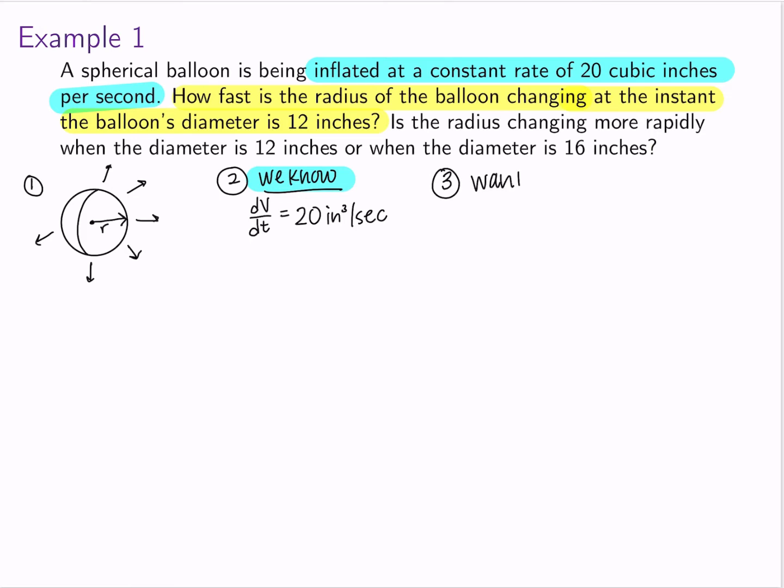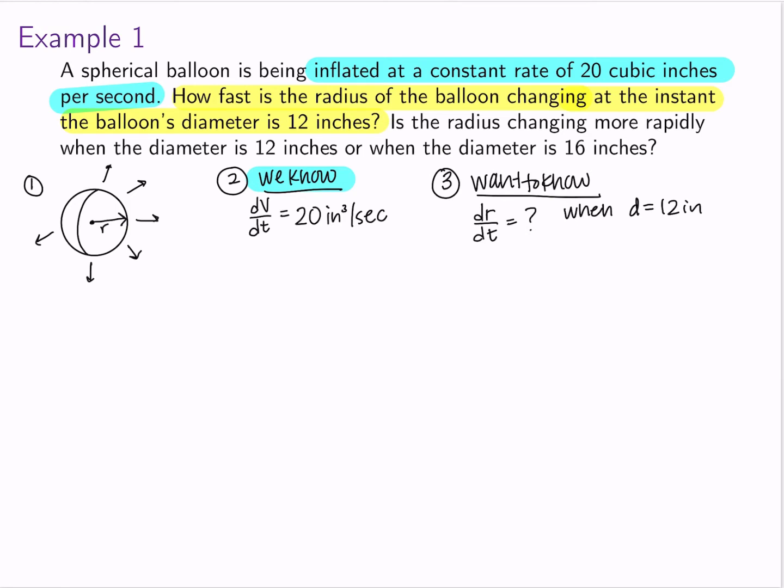What do we want to know? We want how fast the radius of the balloon is changing. So that's a rate. I'll call it dr/dt is my question mark. I'm looking for that rate when, specifically, what point in time, when the diameter is 12 inches.